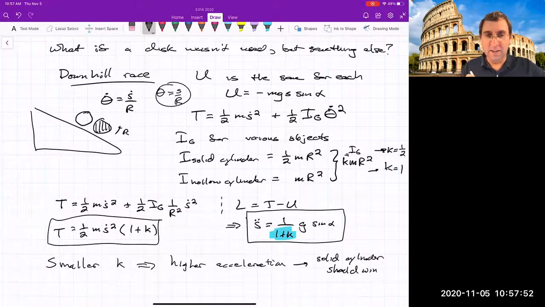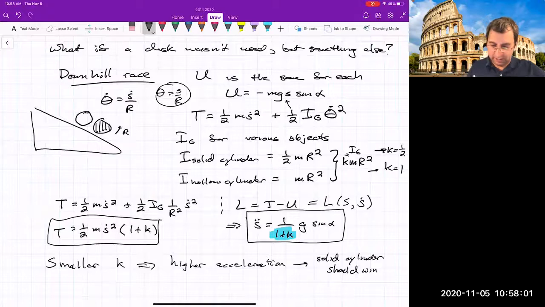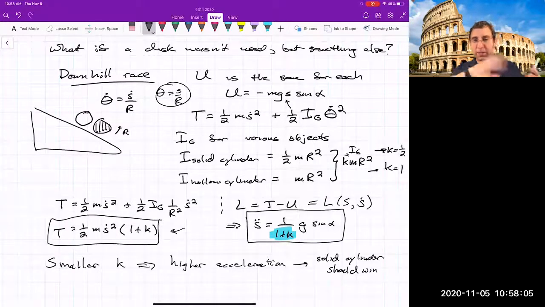So I could write this Lagrangian completely in terms of S and S dot, because U is a function of S, and kinetic energy is just a function of S dot. So for this downhill race, I skipped all the stuff with two generalized coordinates and solving for the Lagrange multiplier because it quickly gives me an answer.